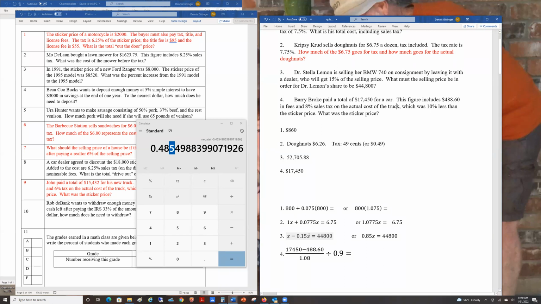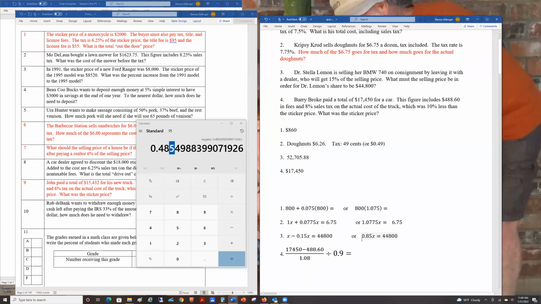And that's not 15% of what Dr. Lemon wants to get back afterwards. She's going to get the other 85%. So just like when you increase a number by 7.5% of itself, you wind up with 107.5% of a number, if you decrease a number by 15% of itself, you wind up with 85% of itself.